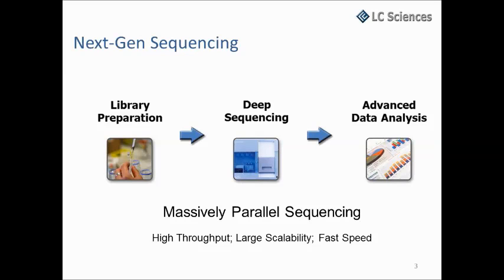So we know that next generation sequencing, like normal sequencing methods, goes from library preparation and sample handling, and then next is the deep sequencing, and the final step will be the data analysis. Unlike the traditional single sequencing method, deep sequencing, or next generation sequencing, does massively parallel sequencing, which means that we get millions of reads at the same time.